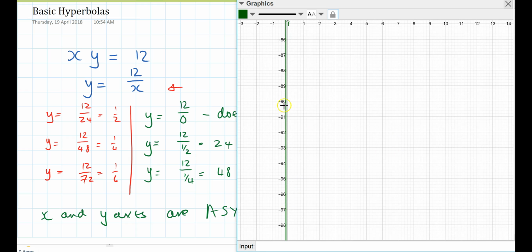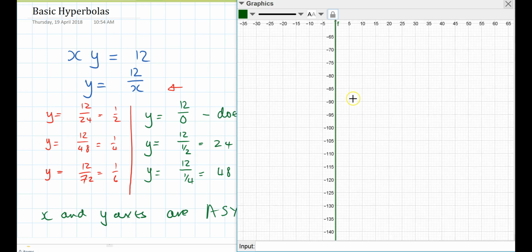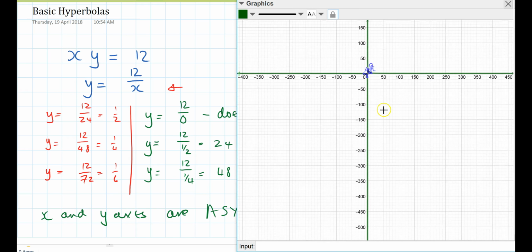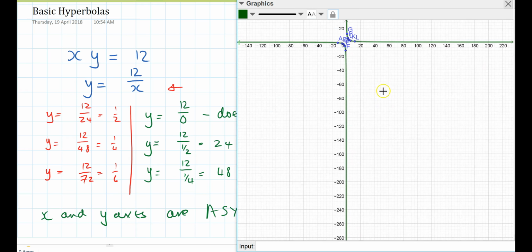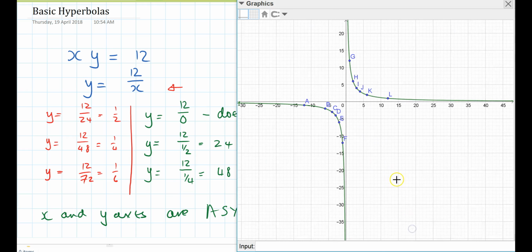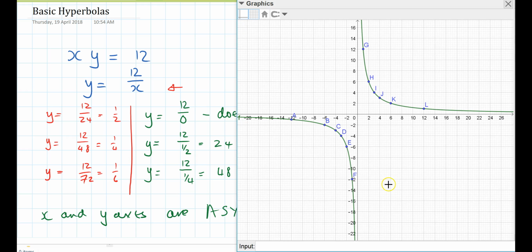So this line never crosses the y-axis. Okay, I need to go back to the start over here. There we are. Here we are. There is our graph as we had it just now. So that's what we get when we have the function xy equals 12.